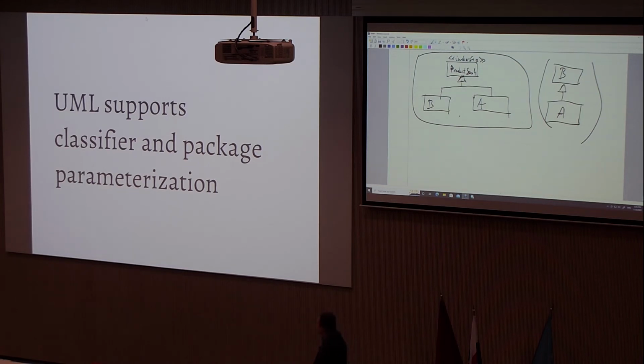Maybe it's a pity they're not that well known, and that they do not have such good support in tools. And there is yet another bad thing, that they're quite lousily described in the UML specification.